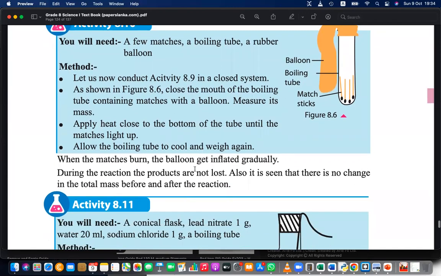During the reaction, the products are not lost. So this can be called a closed environment. Therefore, if you measure the weight, you can see the measurements are equal.